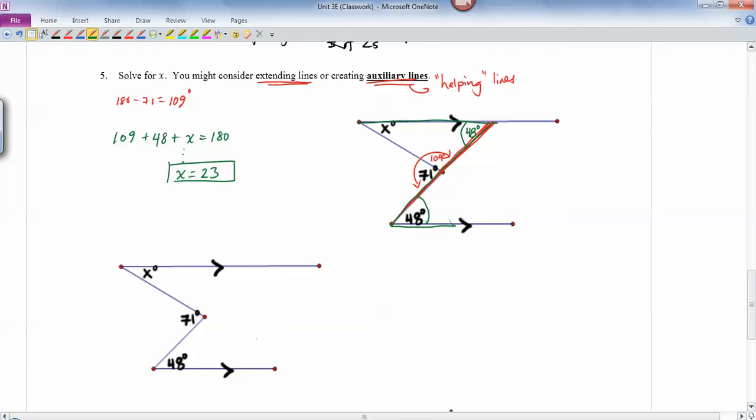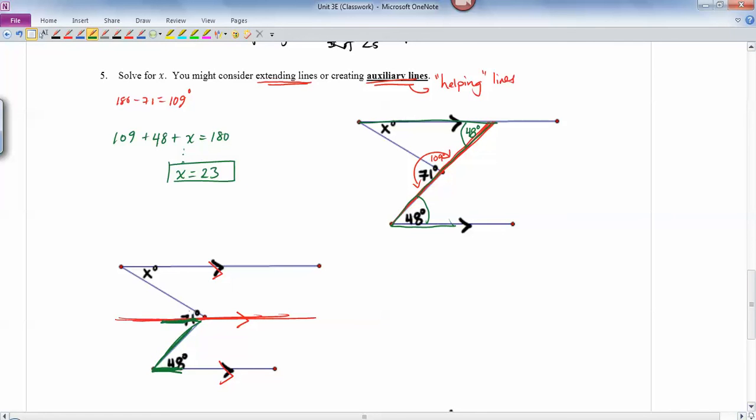Let's try drawing a parallel line. Notice I've got two parallel lines. If I end up drawing one right through here, a third parallel line, it doesn't necessarily cut the 71 in half. There's no reason that we know that it would cut it in half. And in fact, it doesn't. But one thing you could do is say, well, look right here.